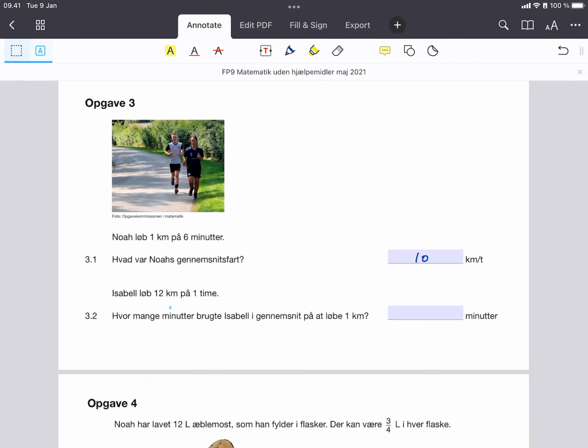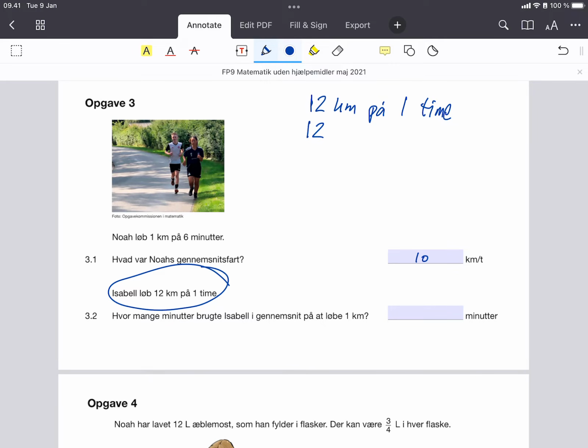Isabel runs 12 kilometers in 1 hour. How many minutes does Isabel take to run 1 kilometer? Okay, so 12 kilometers per en time, in 1 hour. So in minutes, because we're trying to calculate this in minutes, that would be 12 kilometers in 60 minutes.